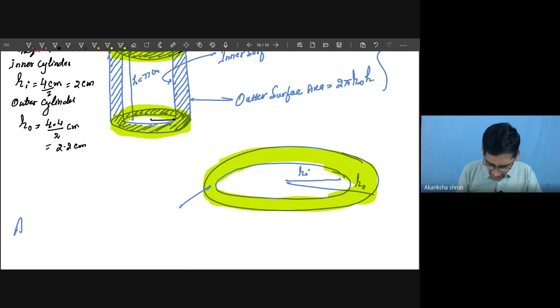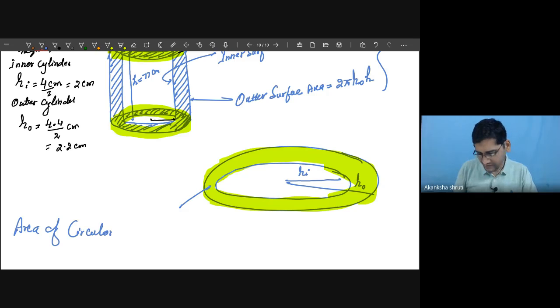So area of circular, this in between is sometimes called the annulus, or we may write this as the circular band, is equal to how much?